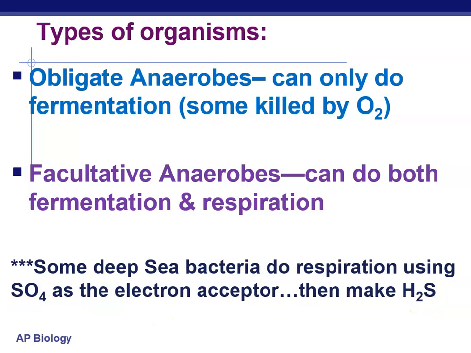All right, so in summary, fermentation, anaerobic respiration, and aerobic respiration are three alternative cellular pathways to produce ATP by harvesting the chemical energy of food.